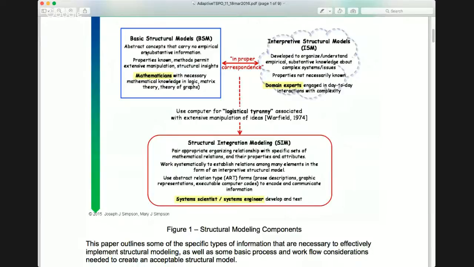We're bringing in from this interface from the math area into the structural integration modeling information from the interpretive structural models, which essentially seems to be disconnected in many cases. We developed the AMEI and the ART to help map and communicate this information and to communicate information about solution approaches that seem to be valuable.